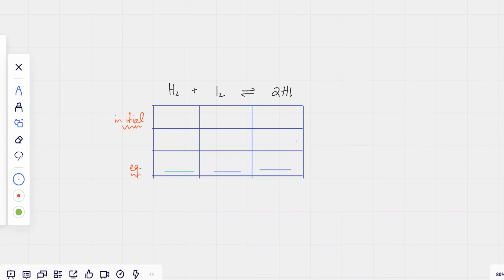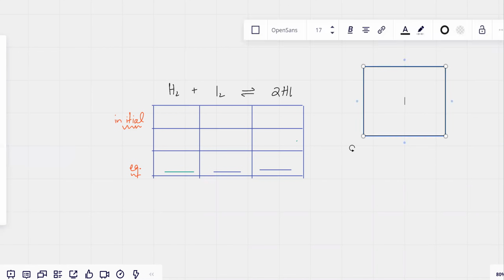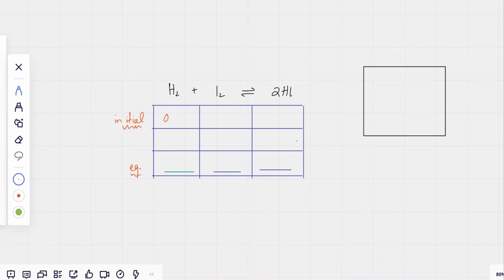There was a container, and somebody added 0.1 moles of H2 initially into the container, and he added 0.3 moles of I2, and he also added 0.5 moles of HI, right? So these things were added into the container.